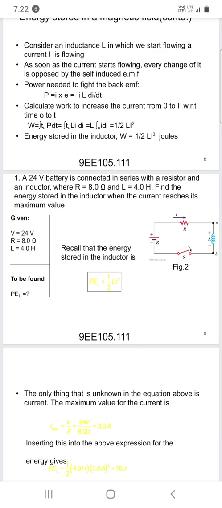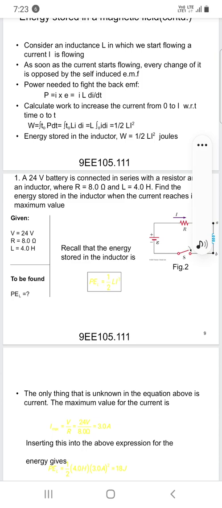So this is equal to the integration from 0 to t of I into L into di by dt, and I into L into di by dt is the power.